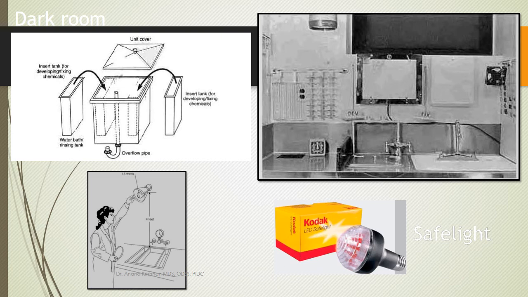But if you have had the opportunity of seeing a film camera used by your parents or your grandparents, they would have loaded a film roll inside the camera, taken the photograph, and given it to the lab people to process and make into photographs. In a lot of films, you can see a dark room in which there will be a red light glowing, under which they process all these films. So this is called a dark room or processing room.